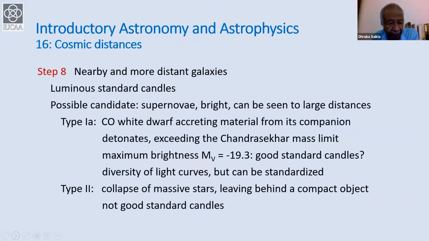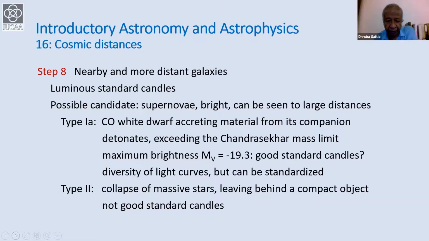Now, there are different kinds of supernovae. I will just talk about two types over here. One is a type called type 1a. These different classifications of supernovae are based on the spectra and light curves of the supernovae. And type 1a is when a carbon-oxygen white dwarf accreting material from its companion detonates when it exceeds the Chandrasekhar mass limit, and it has a maximum brightness MV of about minus 19.3 absolute magnitude.